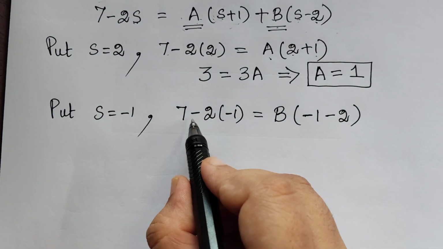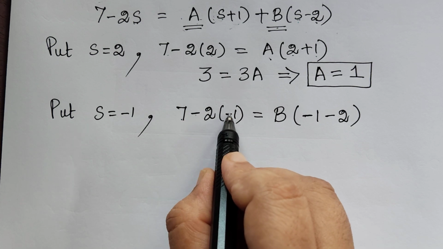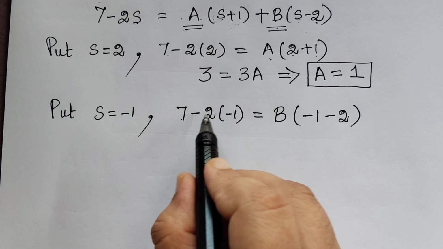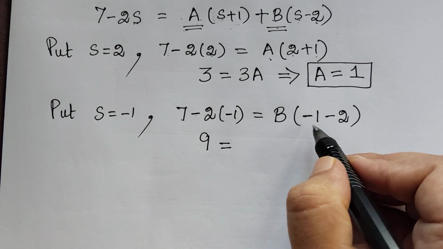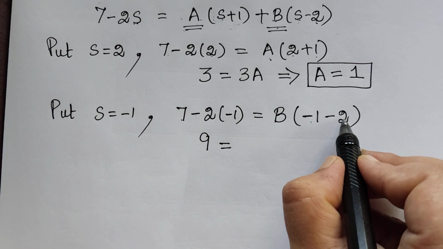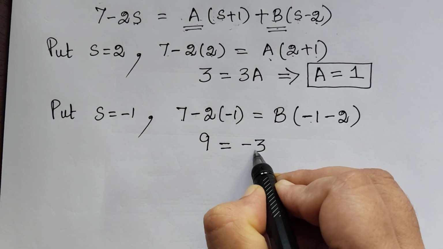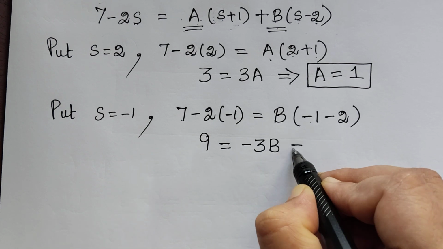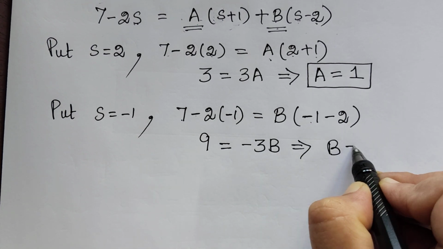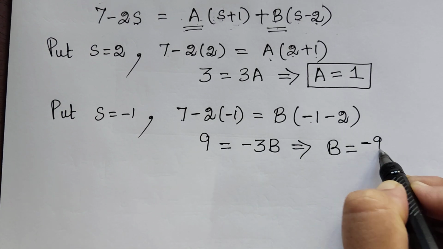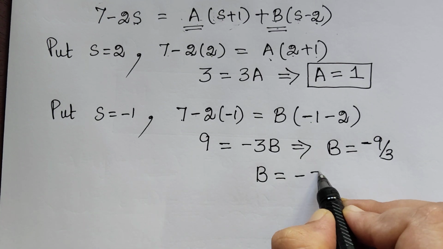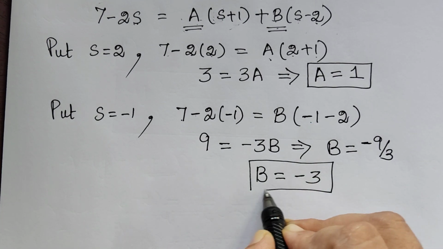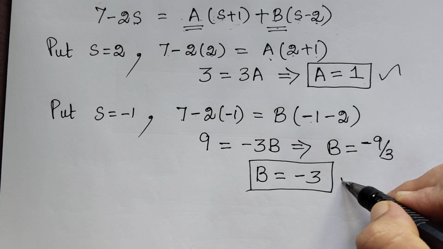On the left, minus into minus becomes plus, 2 1 times is 2, so 7 plus 2 will give us 9. That is equal to, on the right, minus 1 minus 2 is minus 3, so we have minus 3b. From this, we obtain the value of b to be equal to minus 9 by 3, and therefore the value of b will be minus 3. So we have obtained the value of a and the value of b.